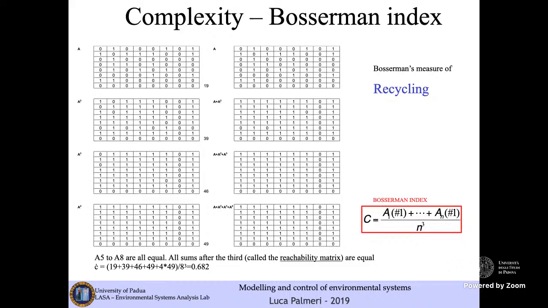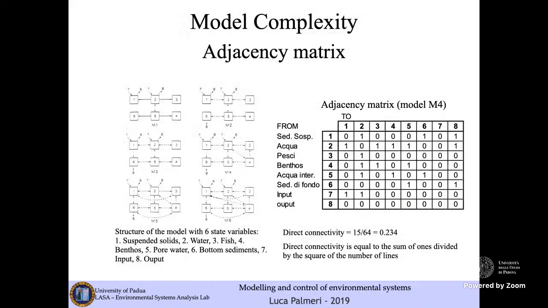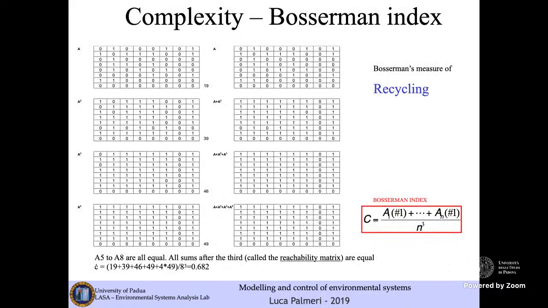How do we calculate the Bosserman index? We start from the adjacency matrix. In this case, it is 8 by 8. Yes, this is the model M4.